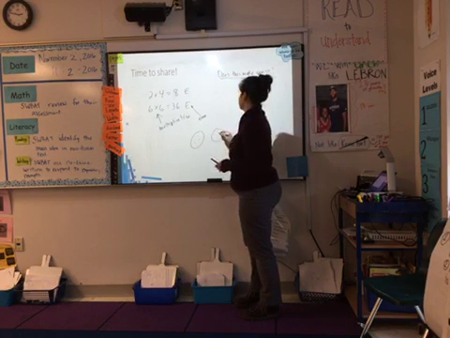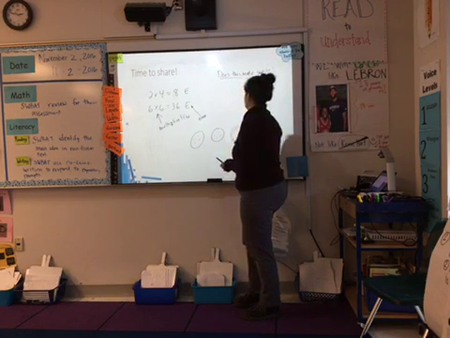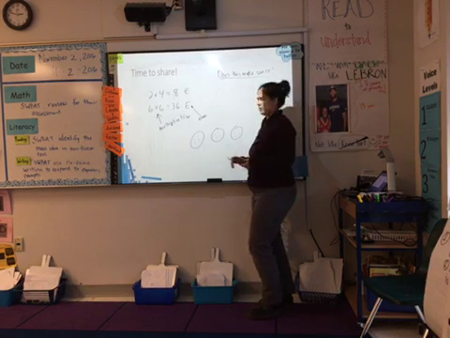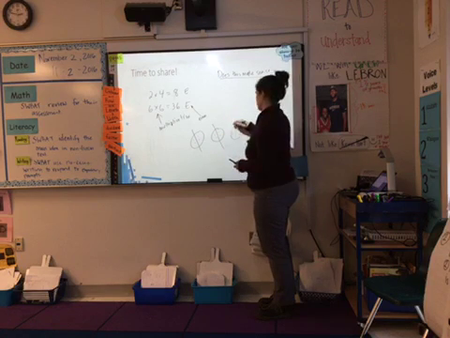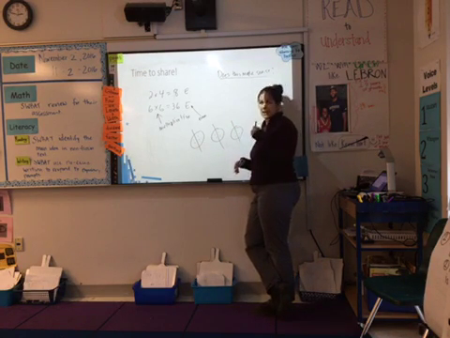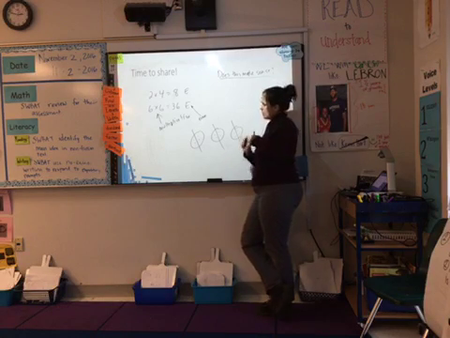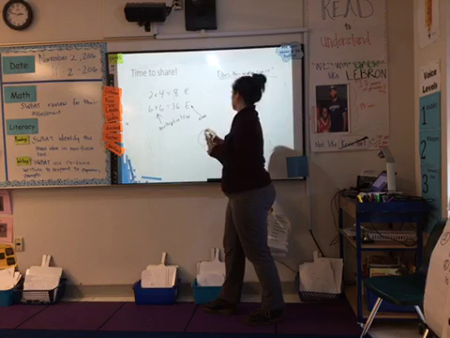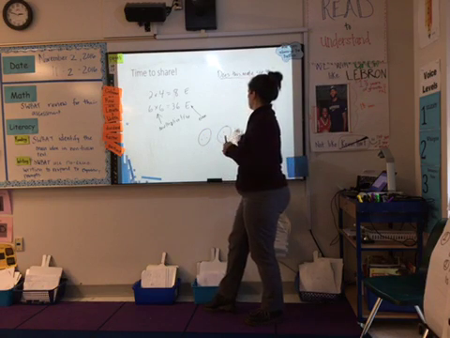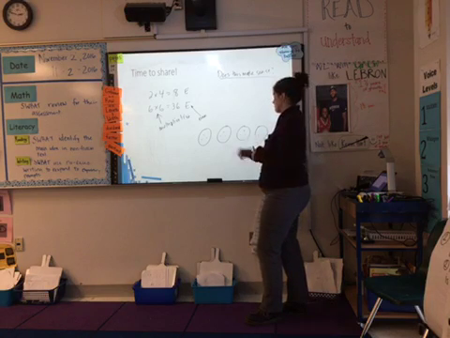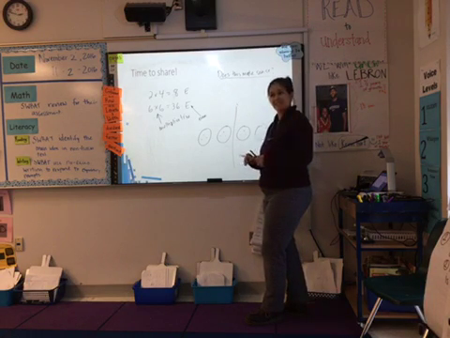If I have an even amount in each group like this, when they come together, it's still fair. So if I have an even amount in each group, I can split what's in each group. What about if I have an even number of groups? I can split the groups and have a fair amount.